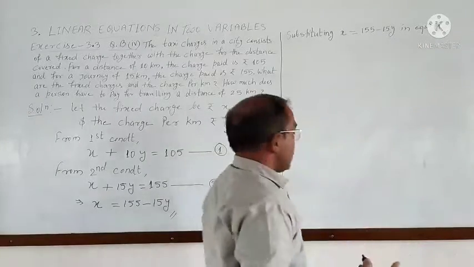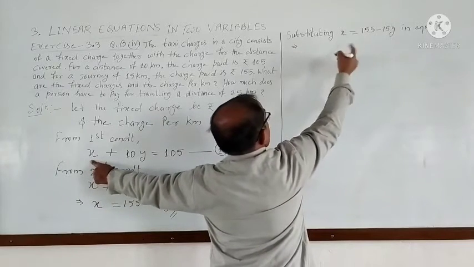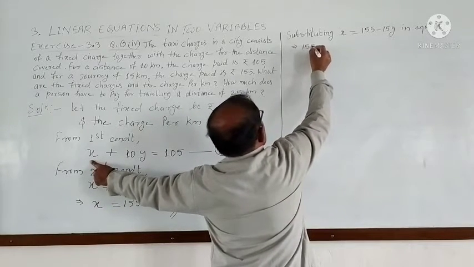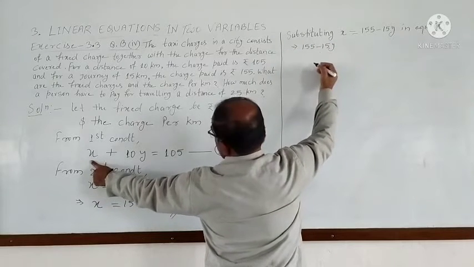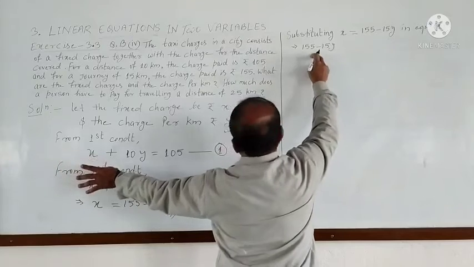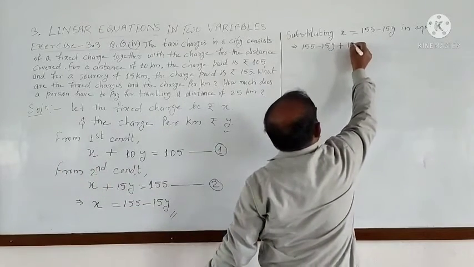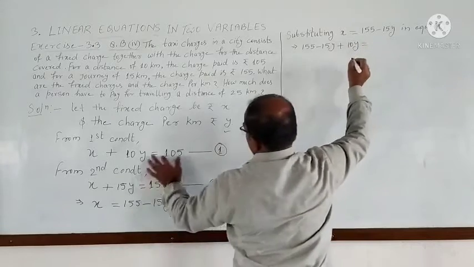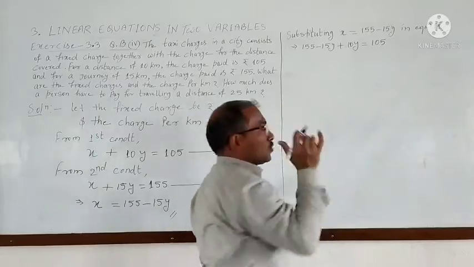What is equation 1? Equation 1 is x plus 10y equals 105, and x is 155 minus 15y. So x is removed, the substitute is used here, plus 10y is equal to 105. After substituting we need to solve.